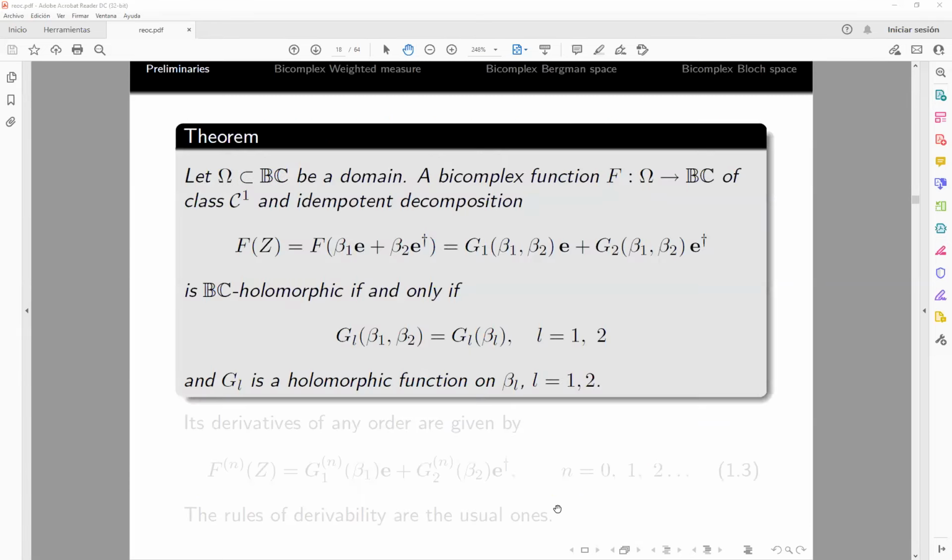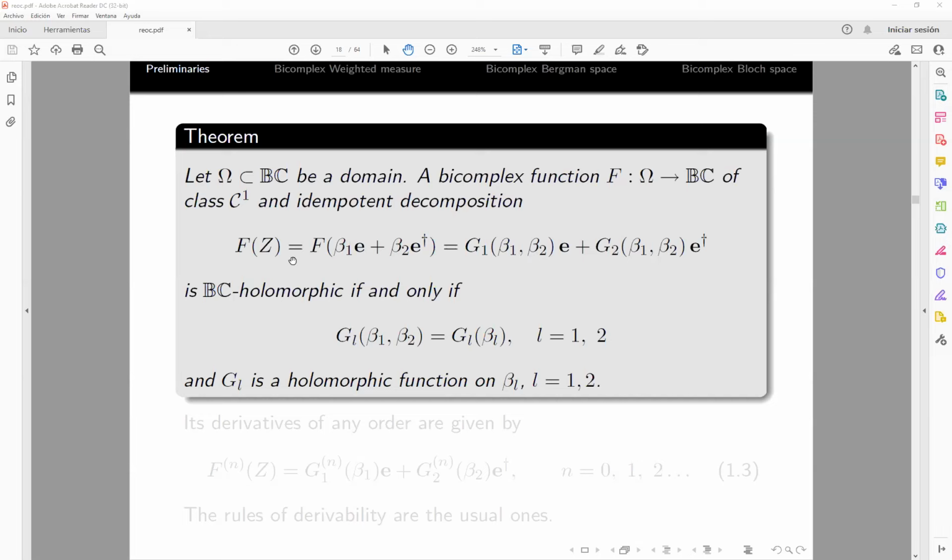We have the following characterization also. If we consider a bicomplex function f defined in omega of class C1 with this idempotent decomposition, okay, then each component depends on beta 1 and beta 2. G1 is the first component, G2 is the second component, and both components depend on beta 1 and beta 2.